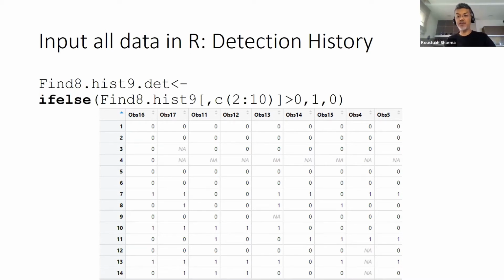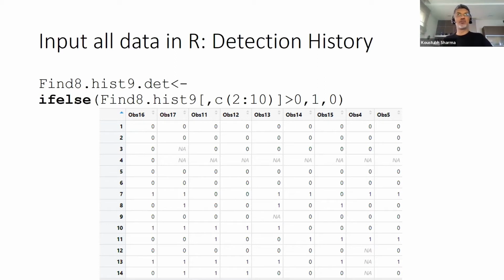The reason we should do it is that each of these cells represents whether you saw the species there or did not see it there. The third category is whether you even surveyed it or not.